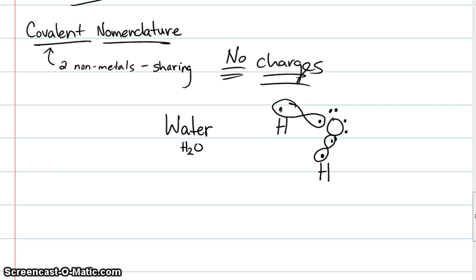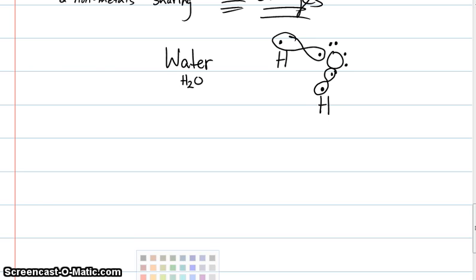This hydrogen has 2 valence electrons. It is still happy because that gives it a configuration like helium, that full outer energy level. So that hydrogen is happy, and this hydrogen is happy. Everyone ends up with a full outer energy level, and it's stable. No charges, no losing or gaining, just sharing. Cool, huh?